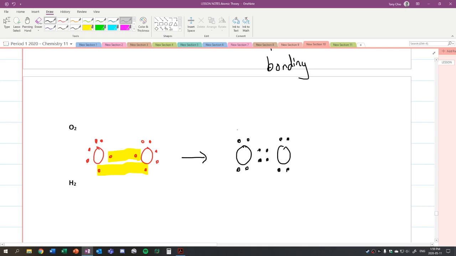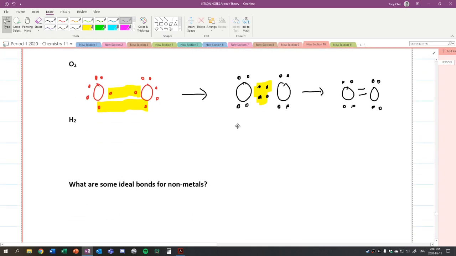Now this is starting to look a little bit tricky. So another way we could show it is what we call our structural diagram, where we show our bonds as dashes. So what's going to look like now? It's going to look like this. So now we can physically see that those are bonds, and those are 2 electrons each per dash.